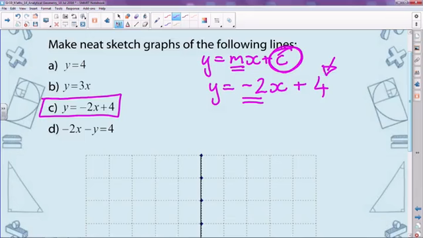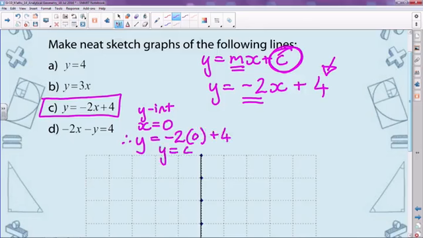Well, the c value is the y-intercept. Now, if I wanted to prove that, I would start by making x equal to 0 and substitute it in. So y equals negative 2 times 0 plus 4, which means y equals 4, giving us a coordinate of 0 and 4.